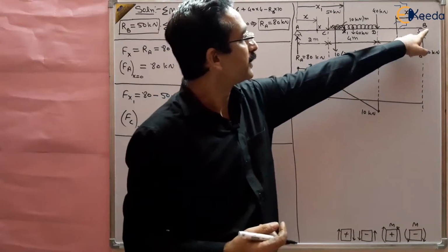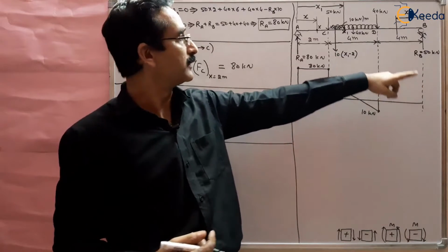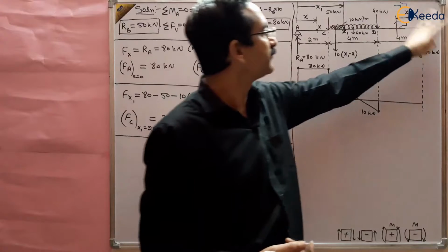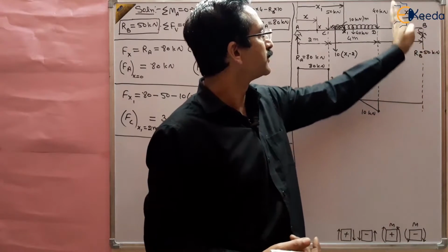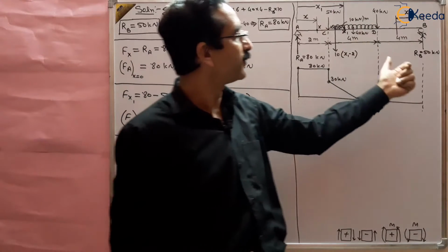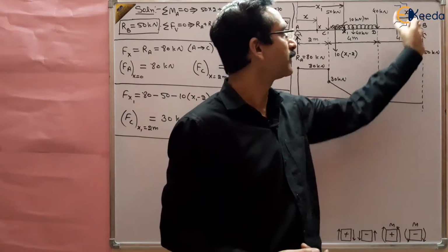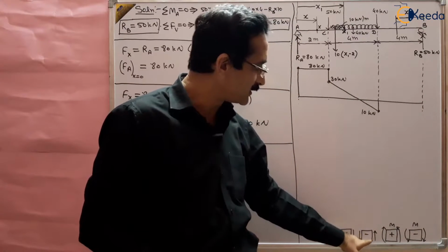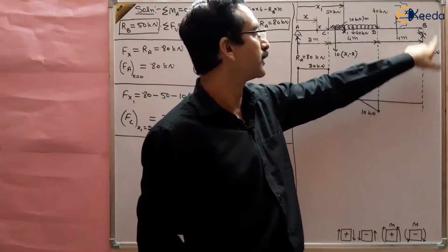Remember that we are taking from B for ease of calculation, because otherwise we have to consider all the forces. Now we have to consider only one force, that is 50 kilonewton, right? That's why we are taking the right section now, not the left section. So shear force will be the sum of all the forces to the right of the section, and this is 50 kilonewton, which is upward on the right, which is negative, so minus 50 will come out, right?